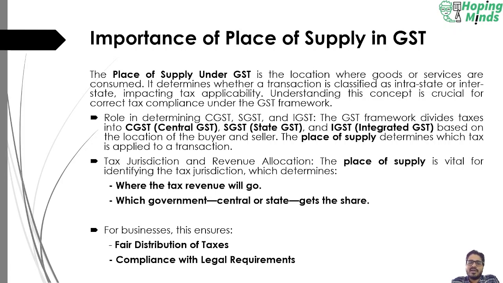In case of international transaction, that is Section 13, these apply when either the supplier or the recipient is located outside India. In such case, the place of supply is generally the recipient's location, but exceptions do exist for services tied to immovable property or performance in India.